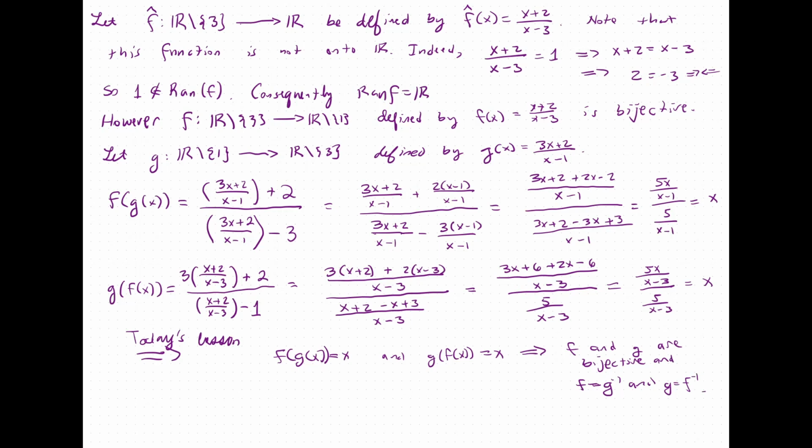And so that's one of the goals for today. The benefit of doing this is that now we don't have to verify that f is 1 to 1 and onto. If we get this equality here, that this is equal to x, that would suffice to conclude that we do have a bijective function and what their corresponding inverse is.